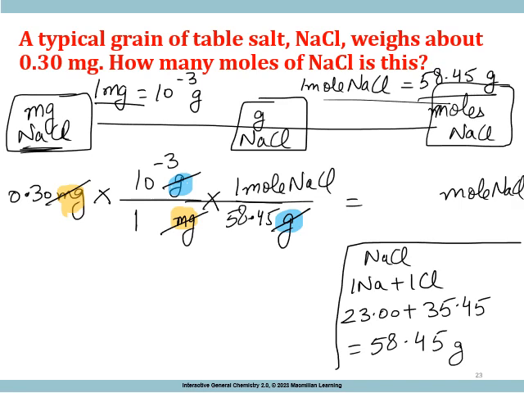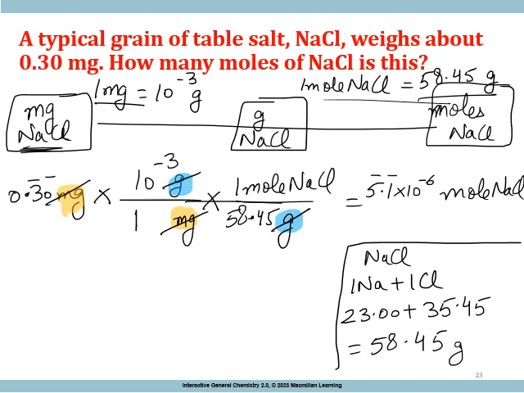Plug this into your calculator and the answer it should give you is 5.1 times 10 raised to power minus 6 moles of NaCl. In this case this was 2 sig figs, that is why my final answer is 2 sig figs.